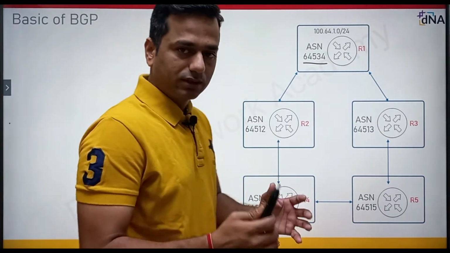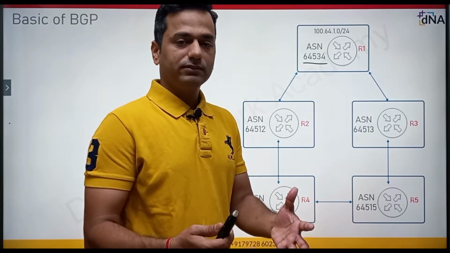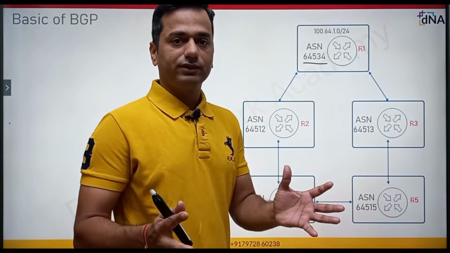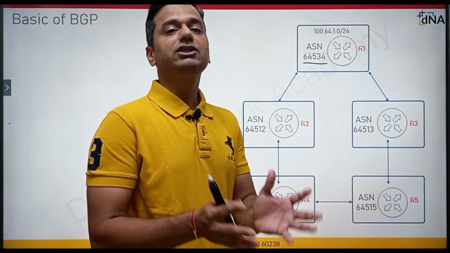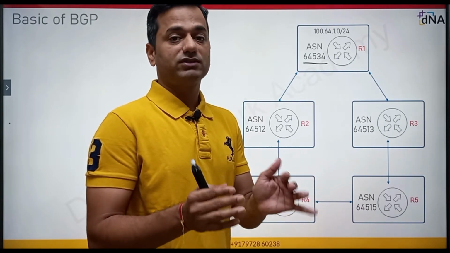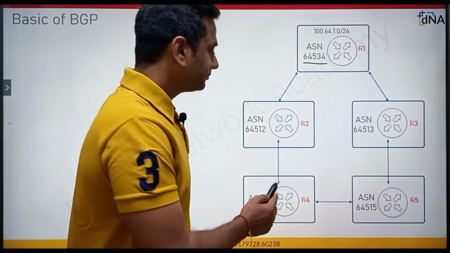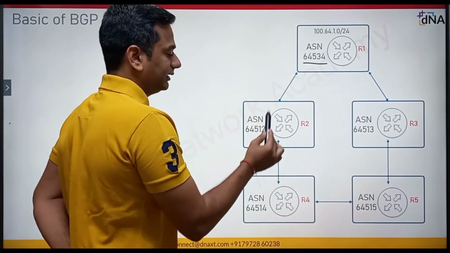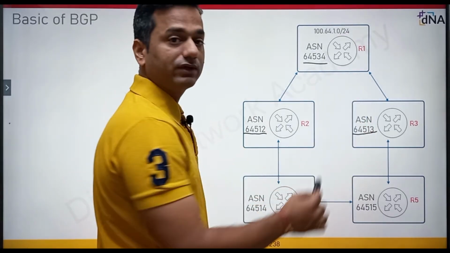So what is an autonomous system number? Yes, we have a next slide for it. An autonomous system is nothing but a group of networks or a group of routers connected with each other, participating in the same autonomous system, identified by the same numerical number. Now this ASN is connected to 64512 as well as 64513.